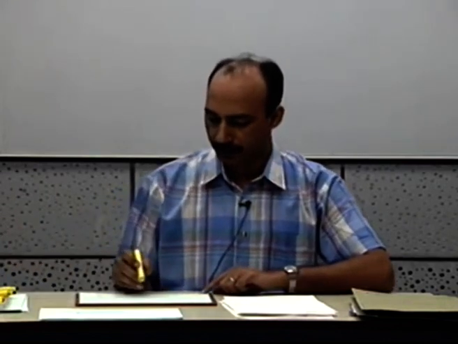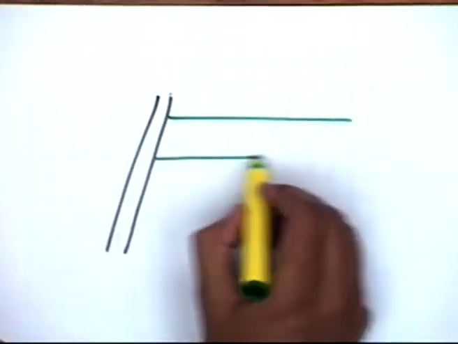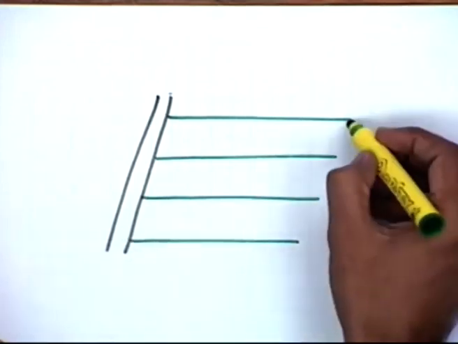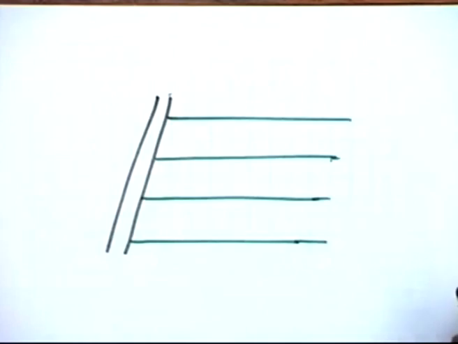To achieve this, for example, if this is your layout, you might have these different strips. These are the borders.